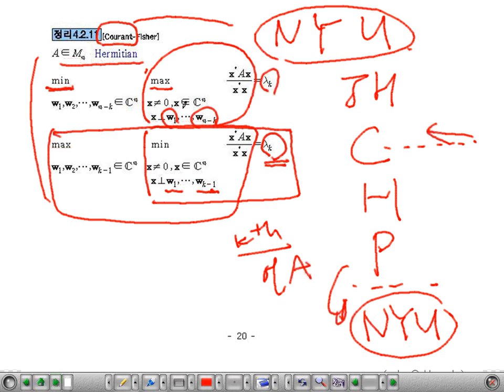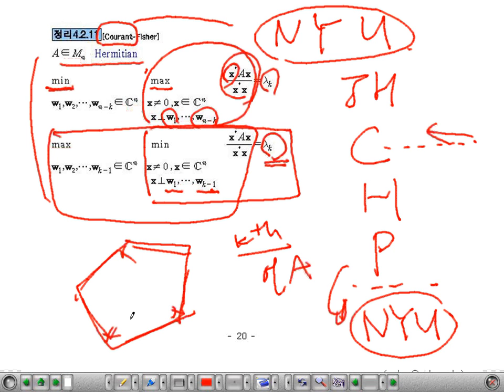We have infinitely many vectors x. So actually we don't have to check all this minimum and maximum. This is a continuous function on a closed compact domain, so we know there exists a solution.